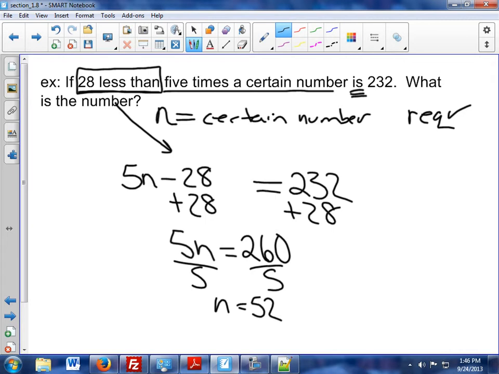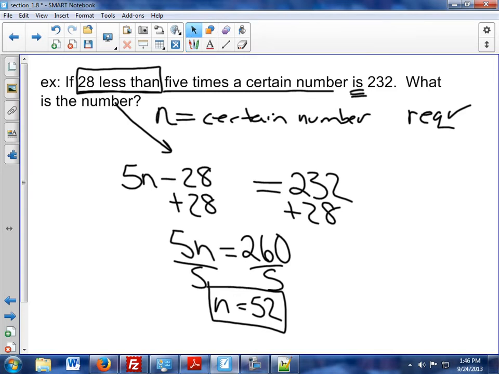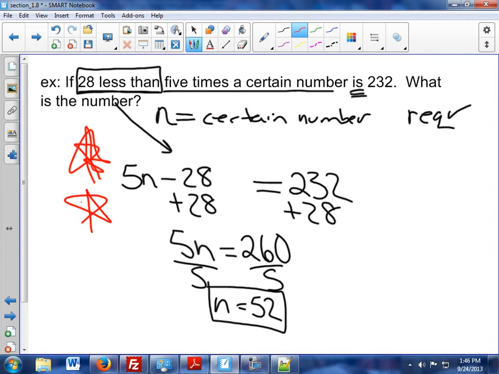Now I would always check these because if you would have put the 28 in the wrong spot, you would have seen it didn't work. So let's see. 5 times 52 is 260, minus 28 is 232. Basically, you're undoing what you just did. Okay? You need to remember, I can't make a star. That will get some of you, I guarantee it. Okay?